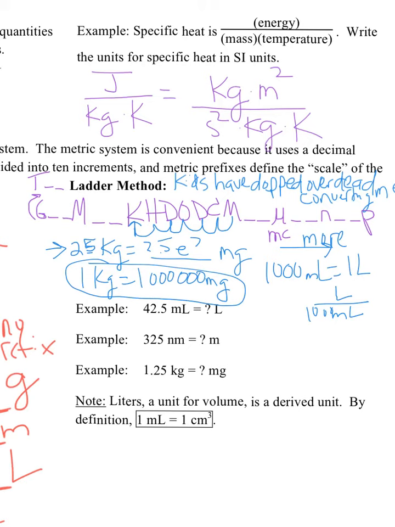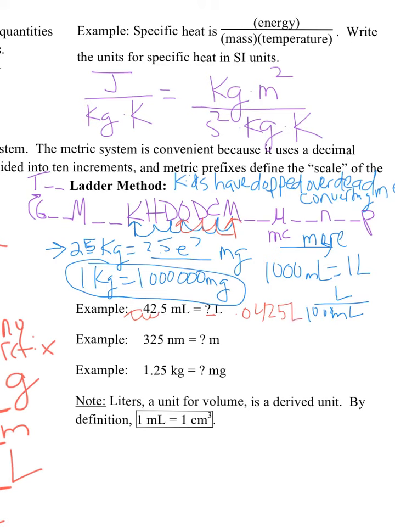I'm at milliliters and I'm going to liters, which is the base unit, notice there's no prefix in front of liters, so I'm going 1, 2, 3 decimal places to the left. I move it 3 places to the left because I moved from milli towards liters, which is to the left on my letters, right? So that's 0.0425 liters.